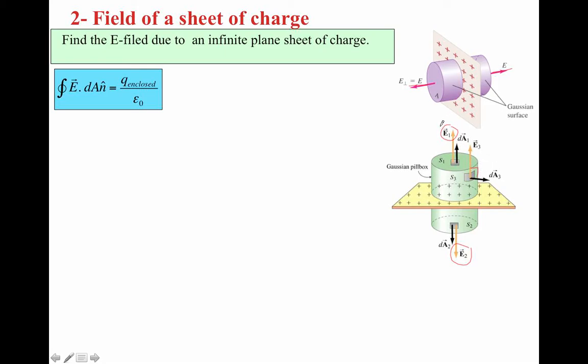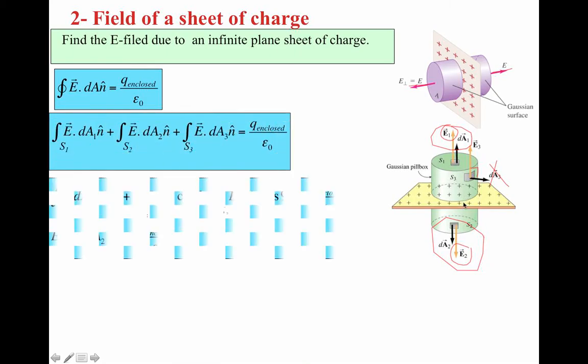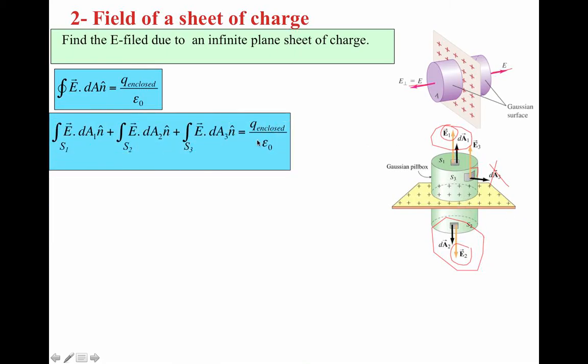So I will have a contribution from each cap, and 0 contribution from the curved surface S3, because the cosine is 0.